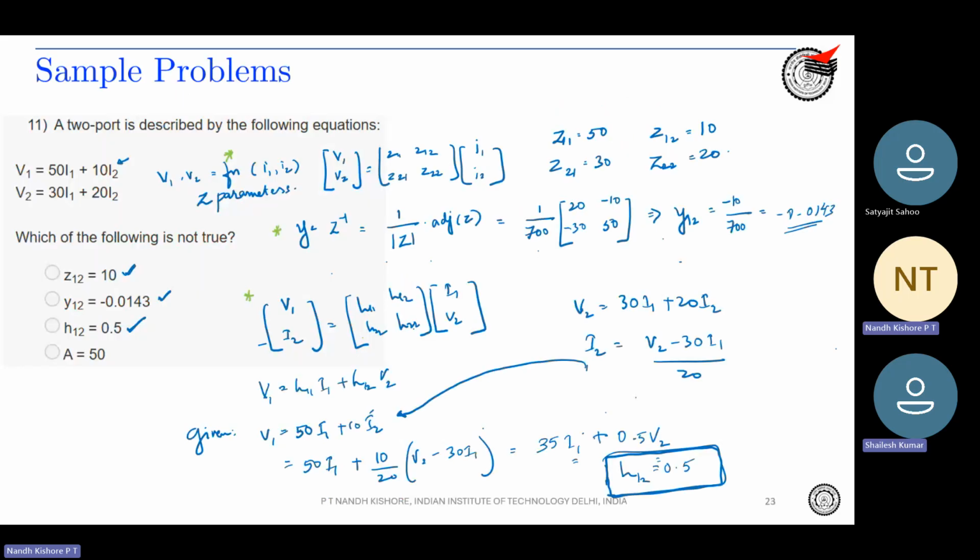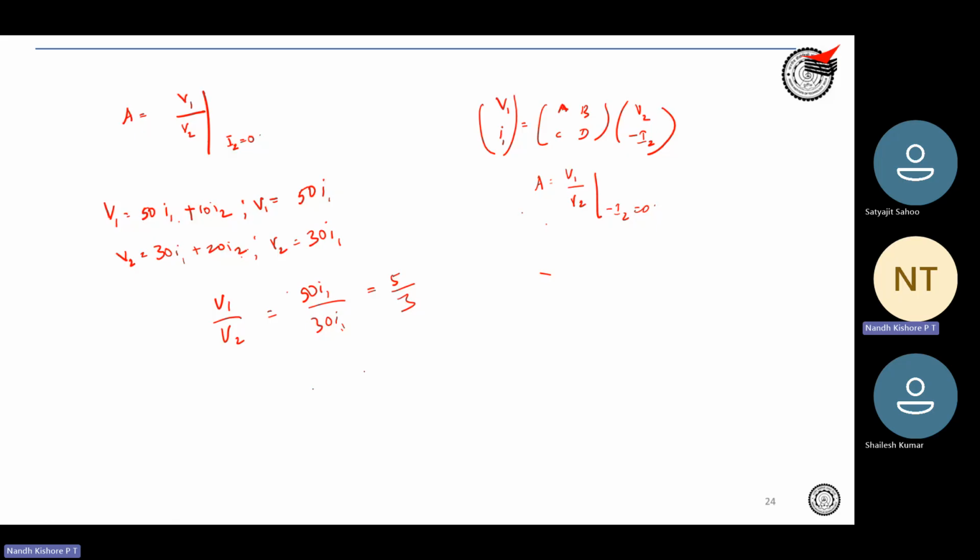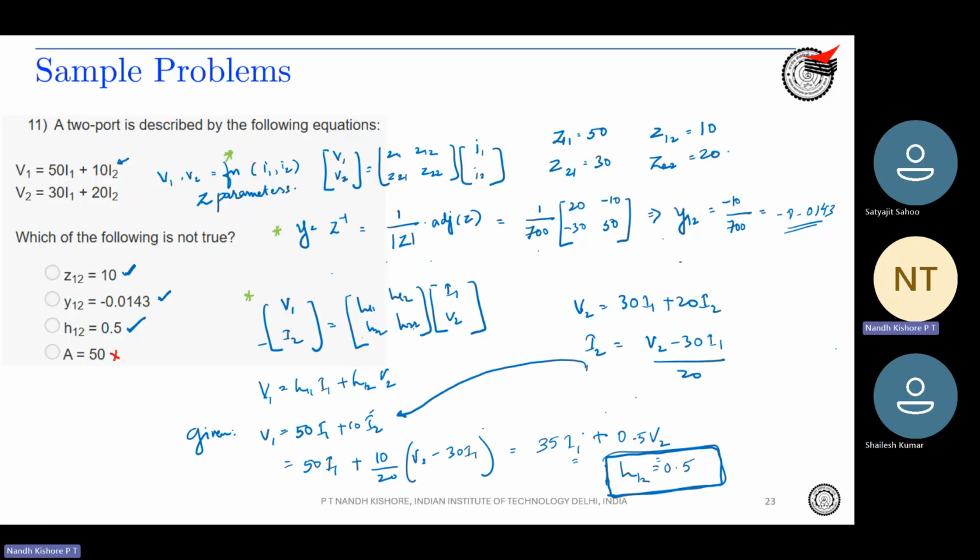But they have given A is 50. So this is the incorrect one. Is this fine? Yes, sir. So see, in this problem we had to go from Z parameter, Y parameter, and then H parameter.